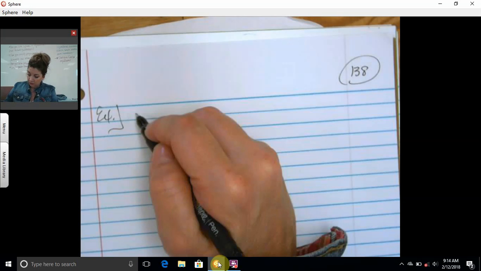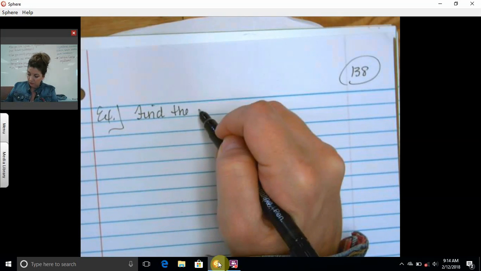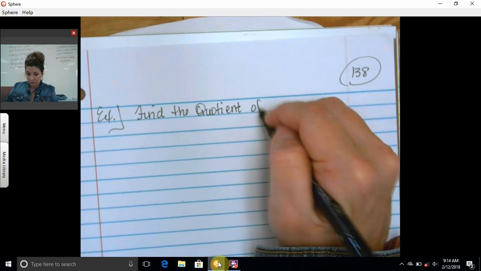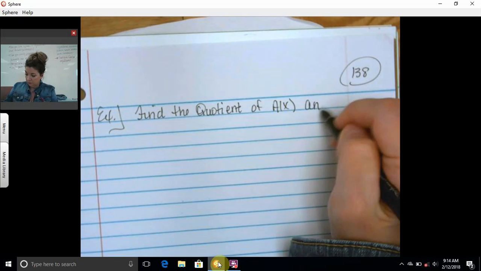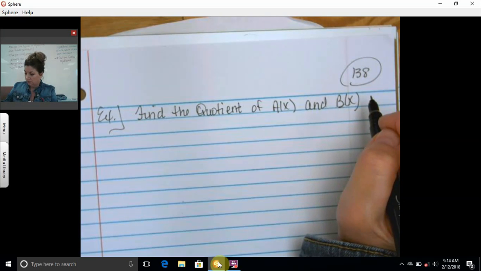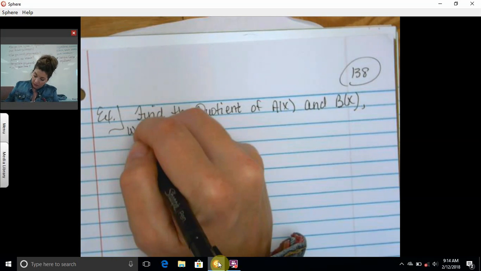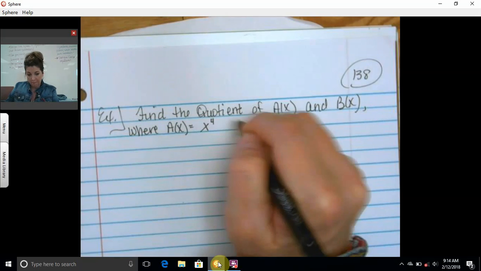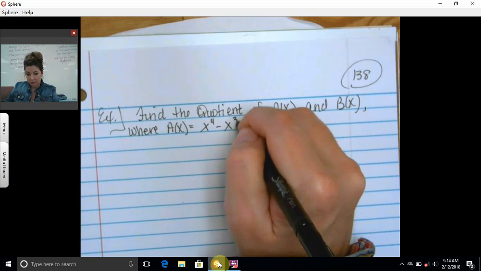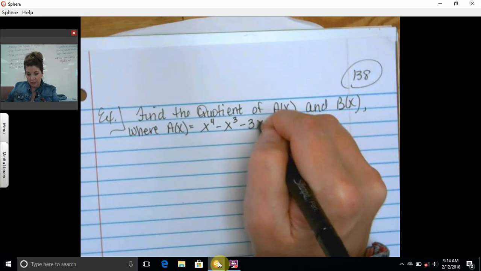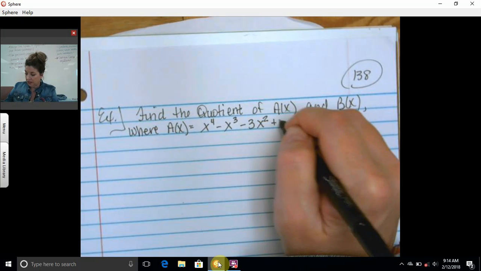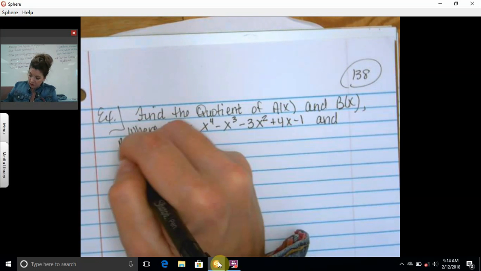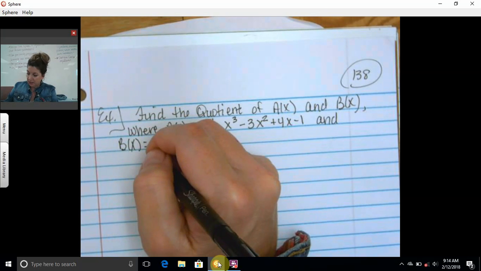Find the quotient of a of x and b of x, where a of x equals x to the fourth minus x cubed minus 3x squared plus 4x minus 1, and b of x equals x minus 1.